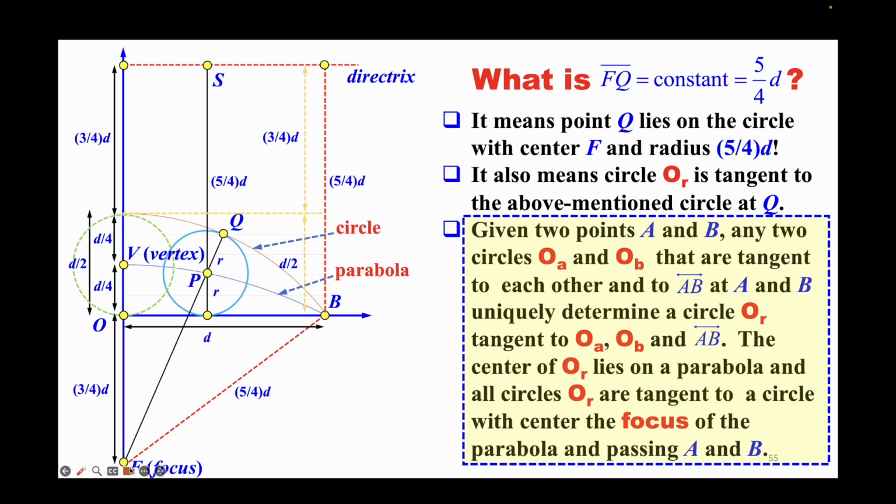And this distance is exactly the distance going from F to B. So this proves that not only the center of circle OR lies on a parabola, but circles constructed in such a way are tangent to a common circle with center at F and the radius 5/4 times d. This is the end of problem 5.